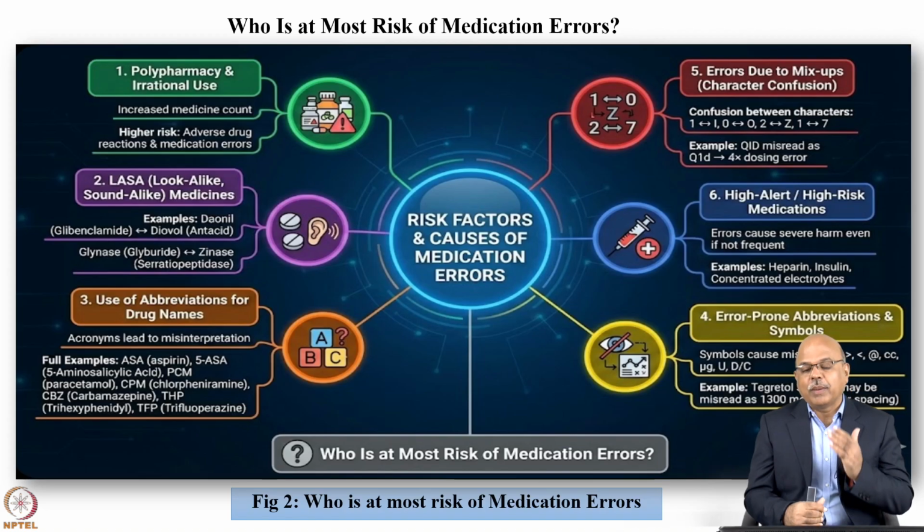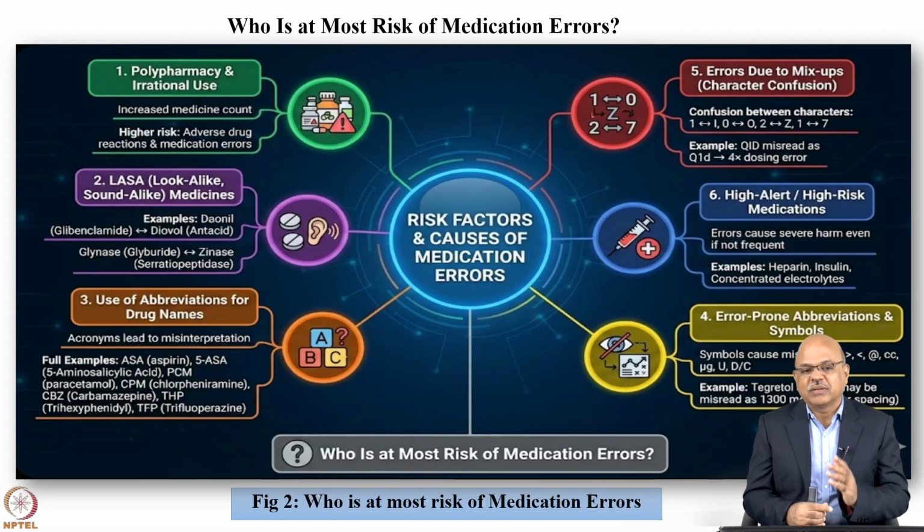Then comes the use of abbreviations for drug names. Acronyms lead to misinterpretation, and many times there is great confusion about how you are using them. Rather, you need to work on developing a culture of avoiding acronyms and writing full names.